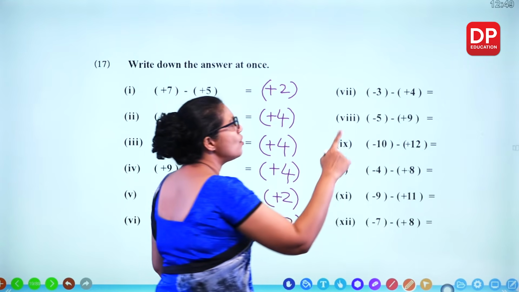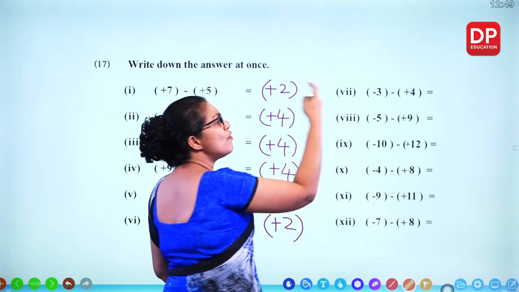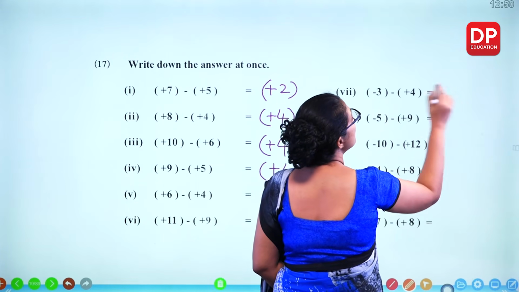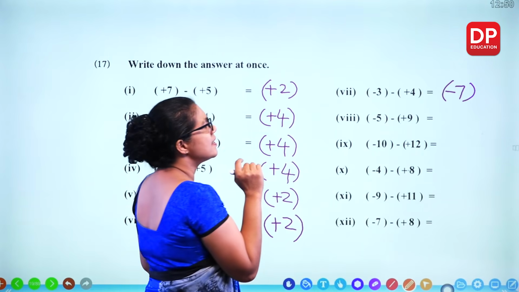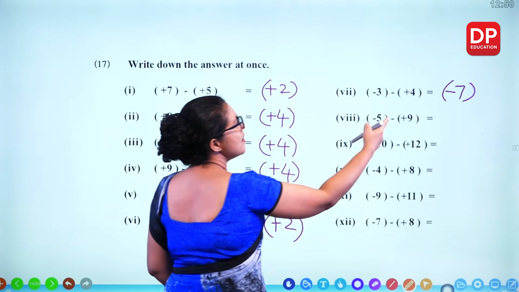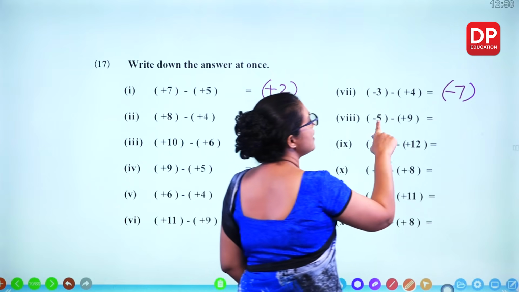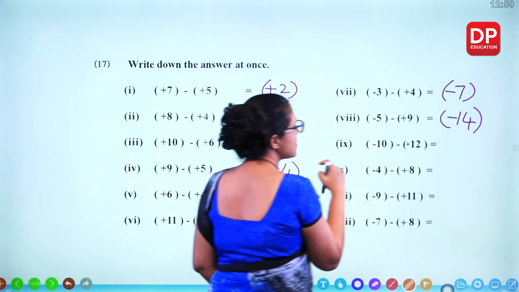So you have to add. Starting from minus 3, move 4 places to the left again. So what's the answer? 4 and 3, you get 7. That's minus 7. This one starting from minus 5, moves 9 places towards left side. 9 plus 5, 14, that's minus.